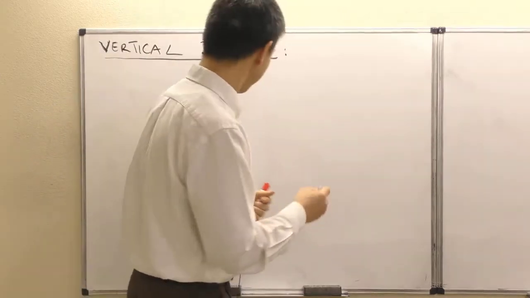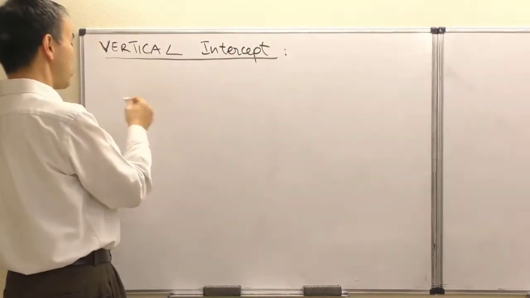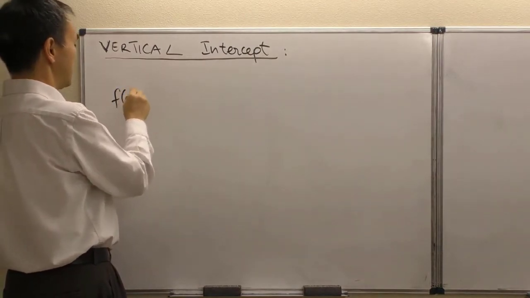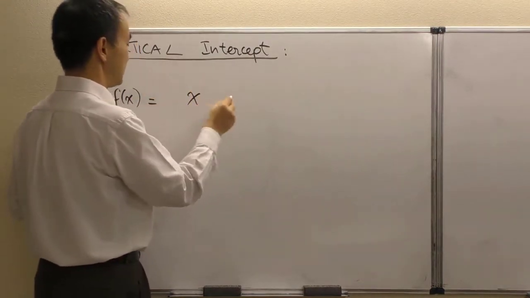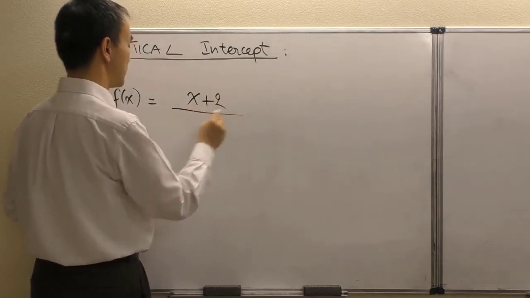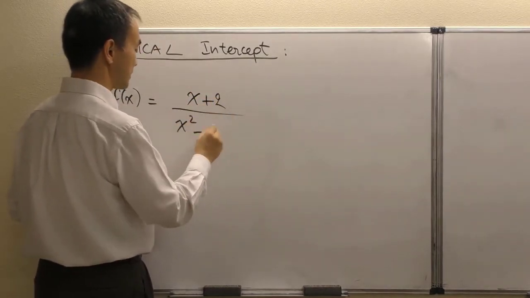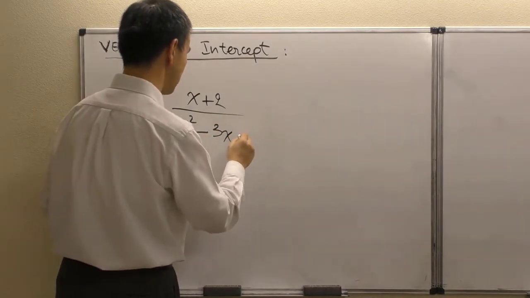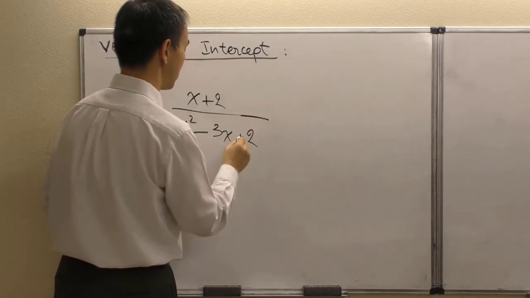So the first one here is f of x equals x plus 2 over x squared minus 3x plus 2.